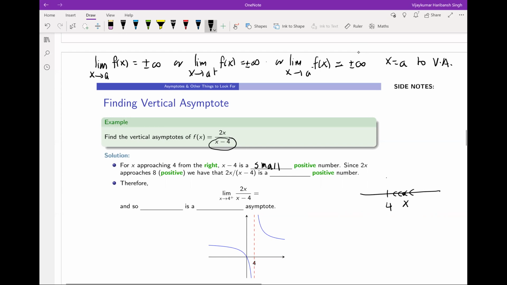Since 2x approaches 8, which is also positive, we'll have 2x divided by x minus 4 is a very large positive number, right? Because your top is stabilized at roughly 8, but the denominator is getting smaller and smaller as you're approaching 4. And if you're approaching 4 from the right, it is a very small positive number. So the whole thing becomes infinity. So we get that x equals 4 is a vertical asymptote. Right. So this is how you would find the vertical asymptote.